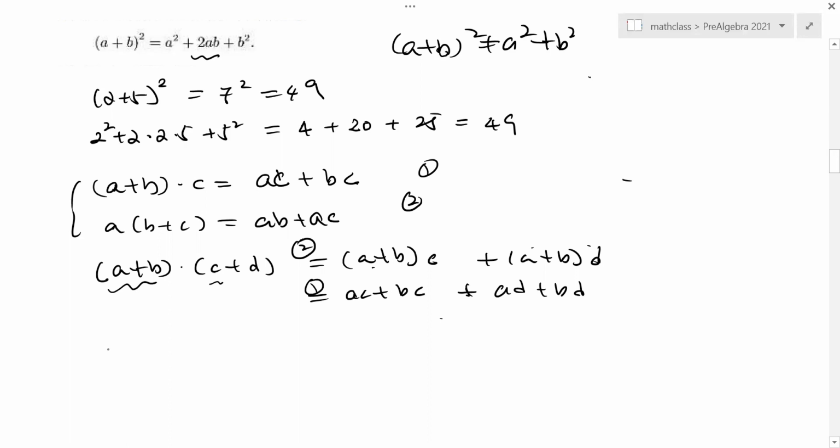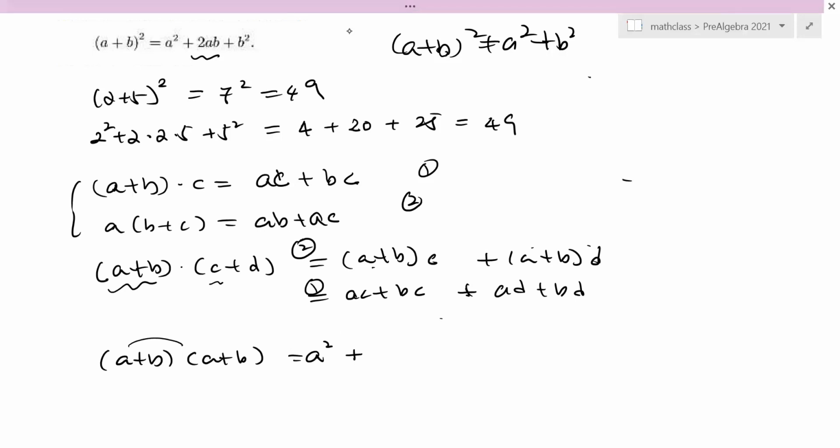Now, the special case, a plus b times a plus b. Here c is just equal to a, and d is b. We don't need to redo it; we just use the above formula.